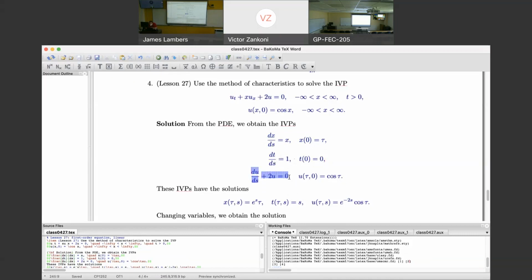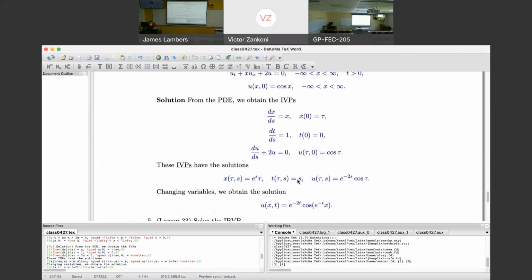Here we have a linear separable ODE that has this solution, the exponential with this coefficient times the initial value, cosine tau. So now you actually have a solution, it's just not in the right variables. It's just a function of tau and s, and you really want it to be a function of x and t. So you can use these equations to solve for s and tau in terms of x and t.